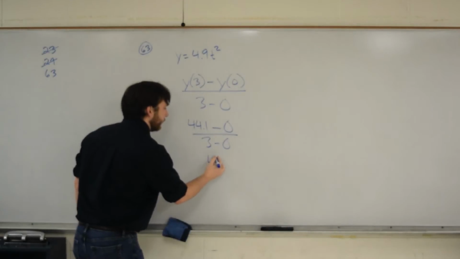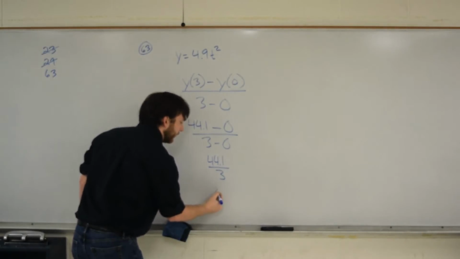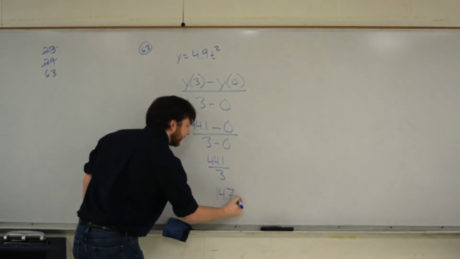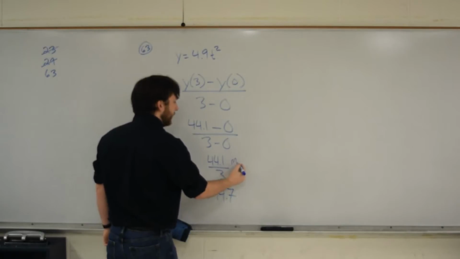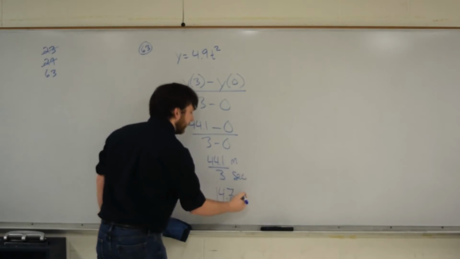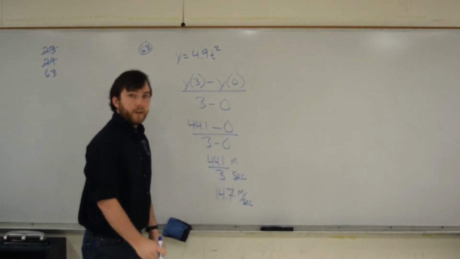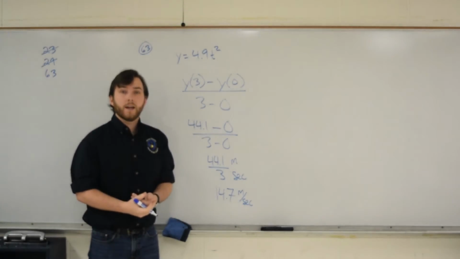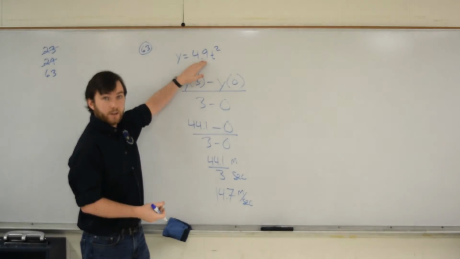So this is 44.1 over 3, which is 14.7. Now this was measured in meters per second, so that'll be the units on our answer. The example we did in class, I believe, was in feet per second. That's why we had a different number out front.